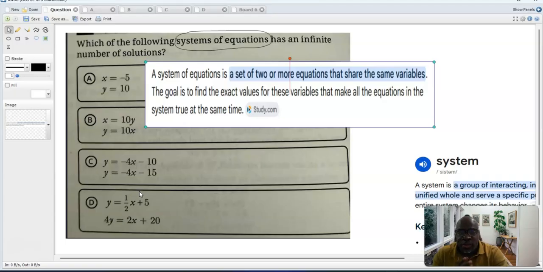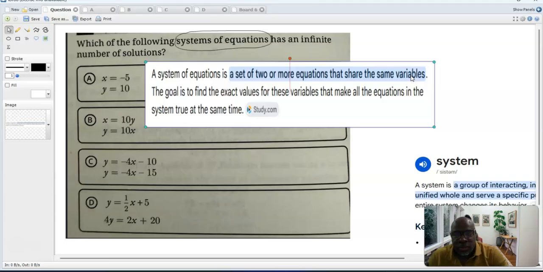So a system of equations is a set of two or more. So you can have more equations, right, that share, and note, that share the same variables. So now we're going to be looking at these sets of equations to see if they illustrate the definition. Note, they must share the same variables. Now, what do we mean by variables?